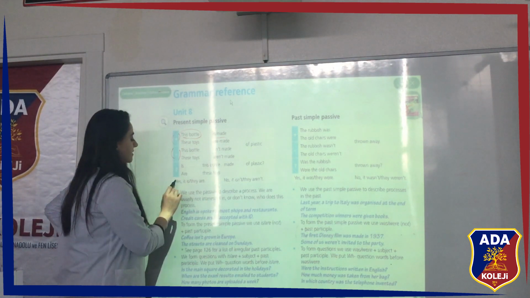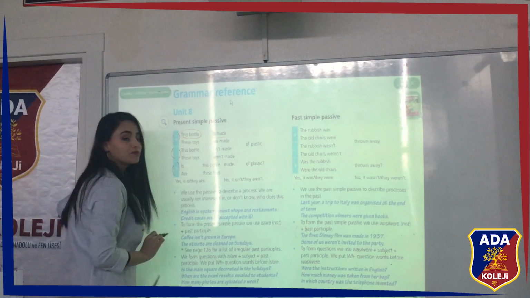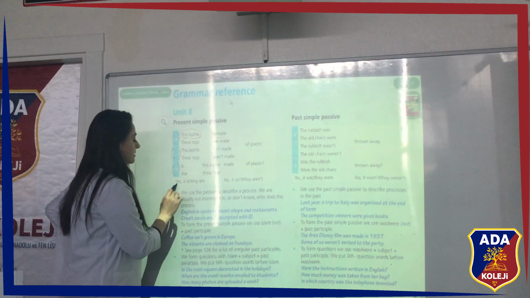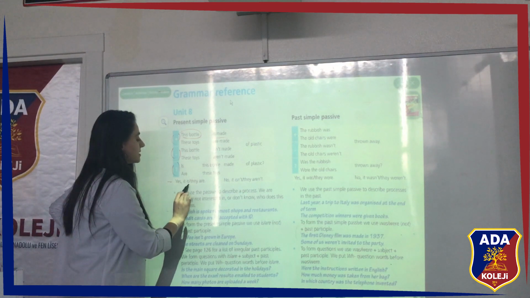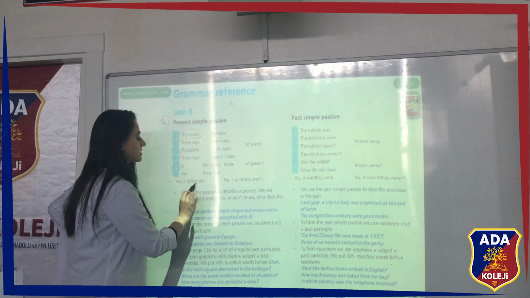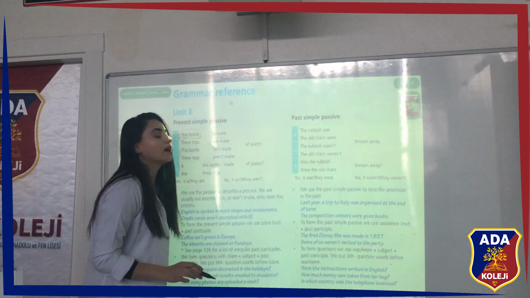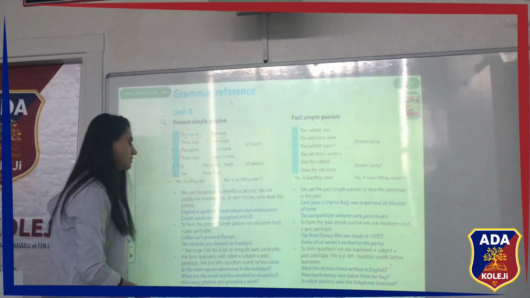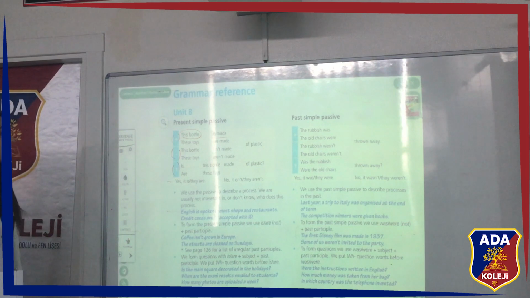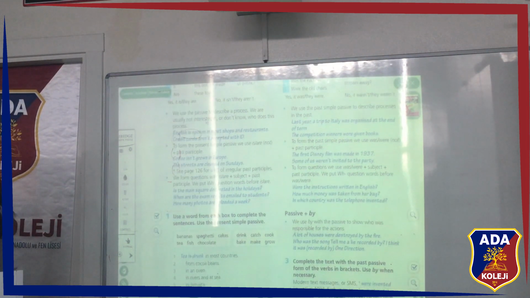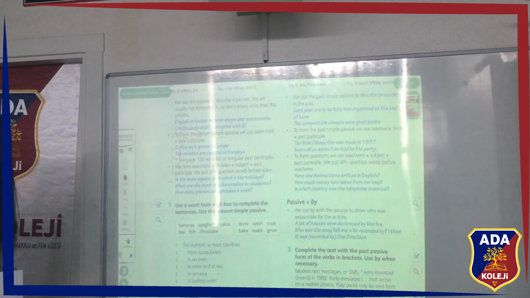And then this question mark, you can use the question part, and then its answer: yes it is, or yes they are, no it isn't, no they aren't. You can answer, friends. Now we will look at this part quickly.